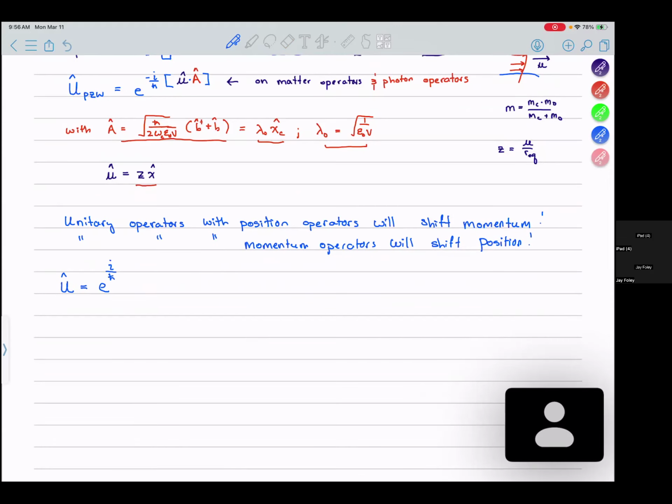That h bar is going to be important because I'm going to now have a momentum operator multiplied. Actually, let me do this. I over h bar. I'll just have a magnitude, which for the sake of notation I'm going to call p naught, multiplied by p hat.